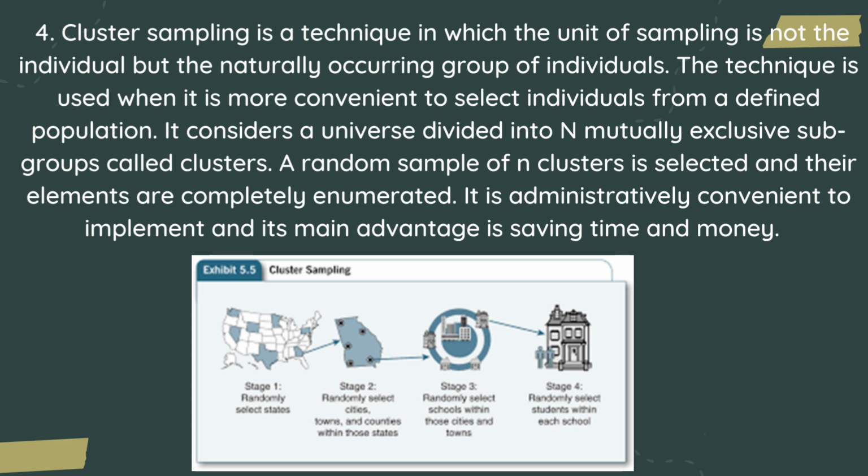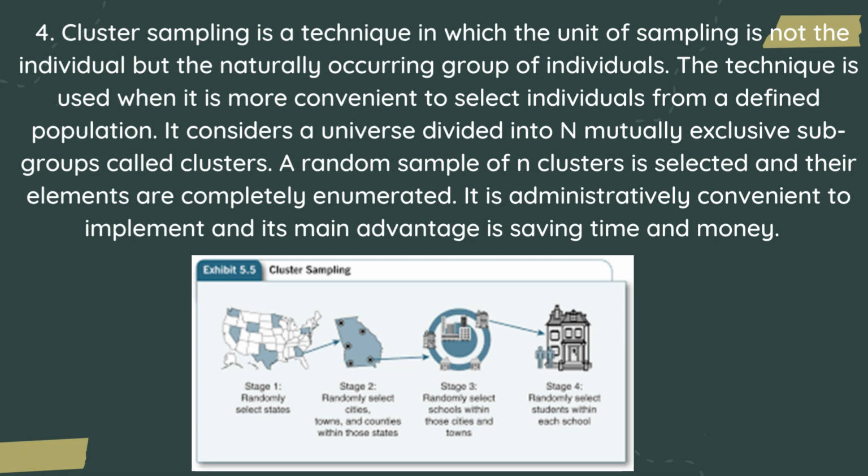It considers a universe divided into a capital N, which is the population, mutually exclusive subgroups called clusters, and a random sample of a small n, which is the sample. Clusters are selected and their elements are completely enumerated. It is administratively convenient to implement and its main advantage is saving time and money.